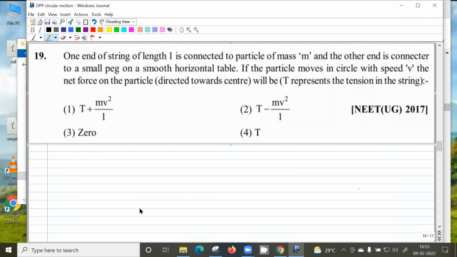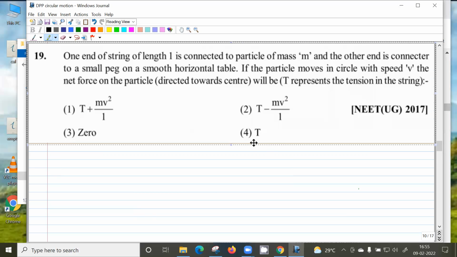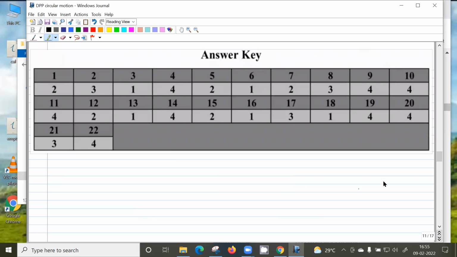T minus mv square by l. Option 2, right? It's option 2. Question 19 is 2. Okay.